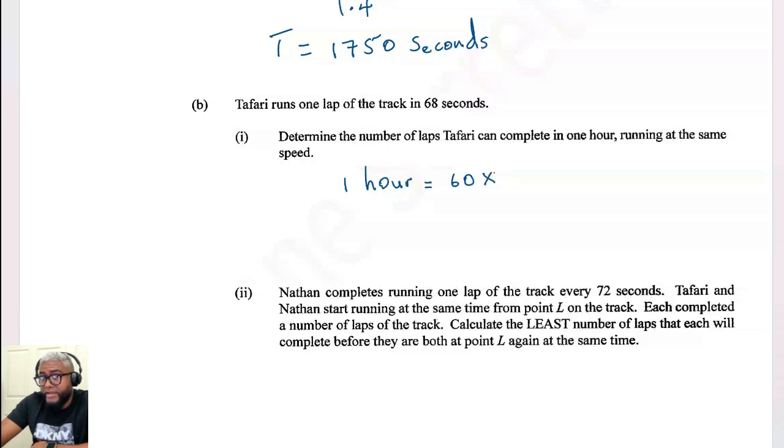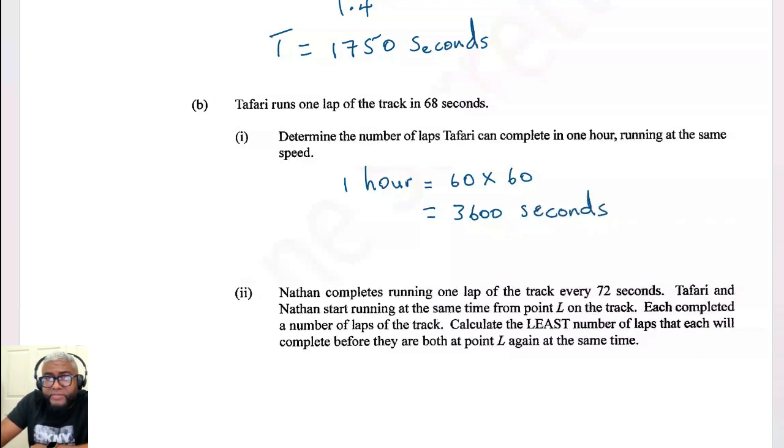So it's 3,600. That's right, it's 60 multiplied by 60. 60 seconds in a minute and 60 minutes in an hour, so it's 3,600 seconds in 1 hour.